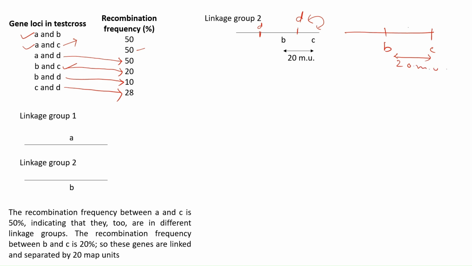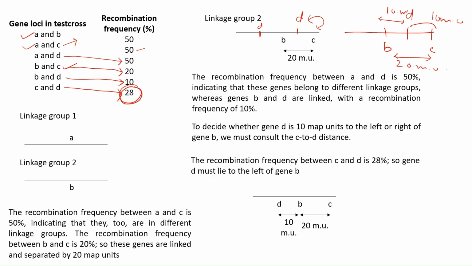If I map D to the right of B, with B and D distance 10 mu, then the C and D distance should come to 10 mu. But the distance given in the question is 28 mu. That means D is definitely not to the right of B. So it has to be on the left of B. So this is the map.